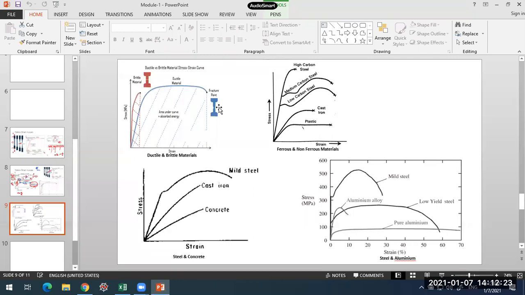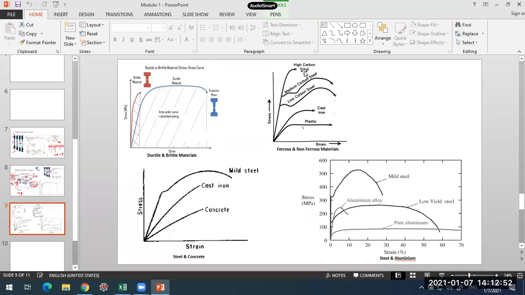A necking phenomenon can be observed in a ductile material, whereas in a brittle material, we will not get clear necking, or cup and cone formation. At this section you'll be able to see a cup and a cone once the specimen fails. So that is the difference between brittle and ductile material.